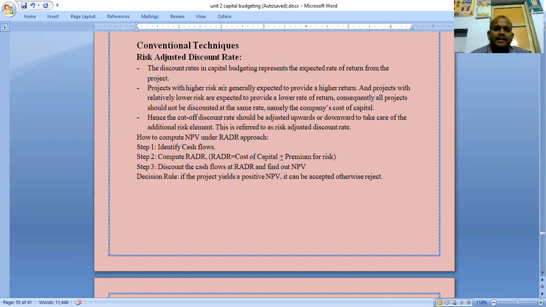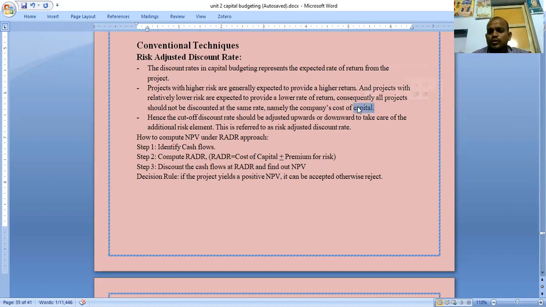Projects with higher risks are generally expected to provide higher returns, and projects with relatively lower risk are expected to provide a lower rate of return. If we don't take the risk, we don't get the higher return. Consequently, all projects should not be discounted at the same rate, namely the company's cost of capital.